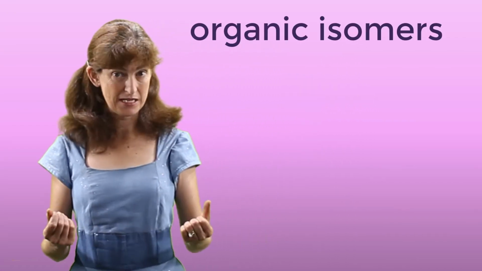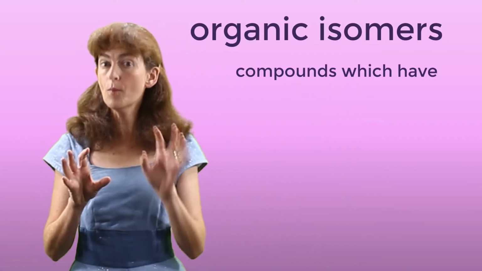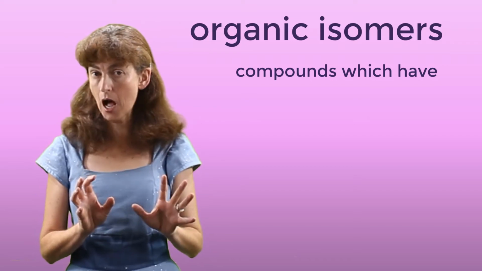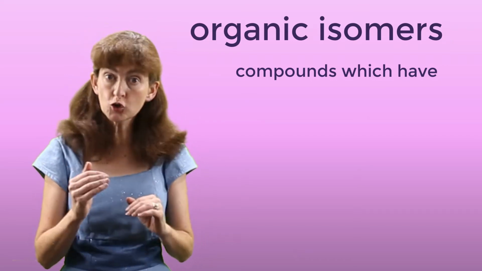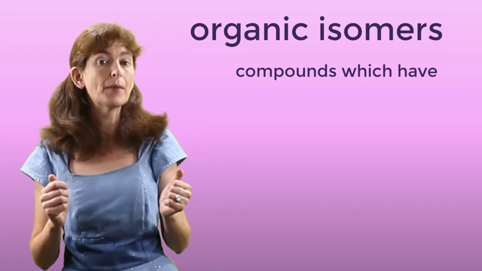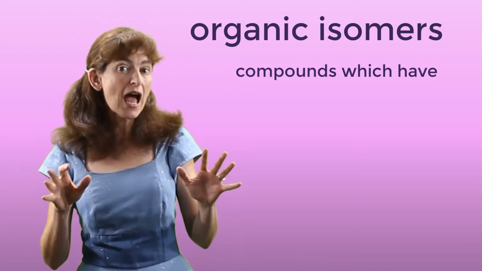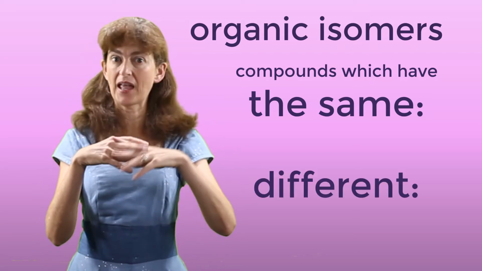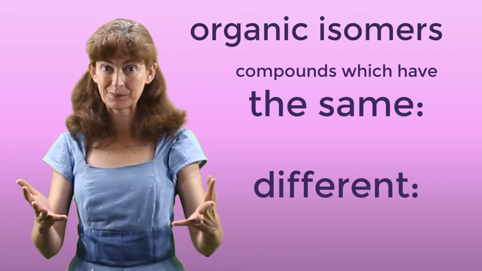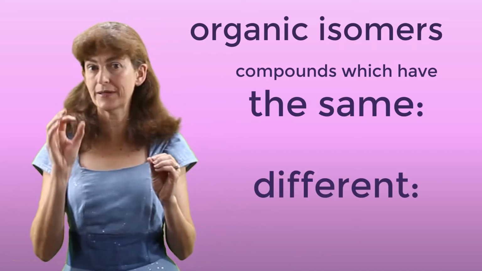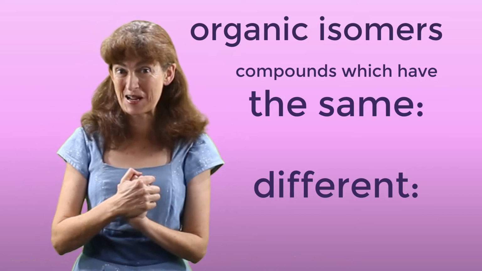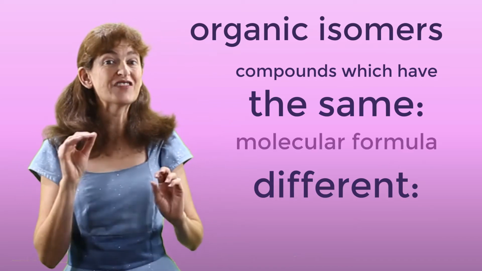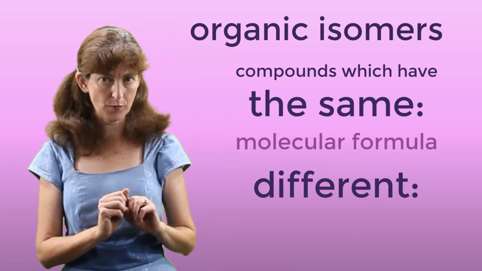Organic isomers are two or more organic compounds, notice, not one compound, two or more organic compounds which have something in common and something out of common between them. What is in common between the members of an organic isomer? They all have the same molecular formula.